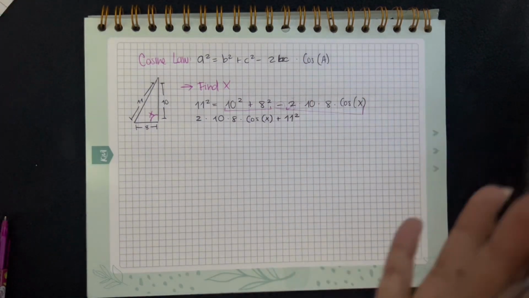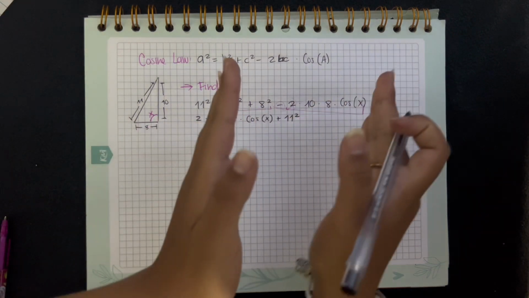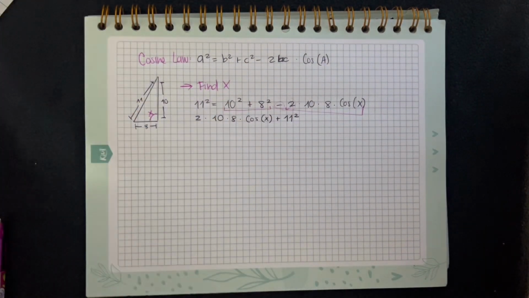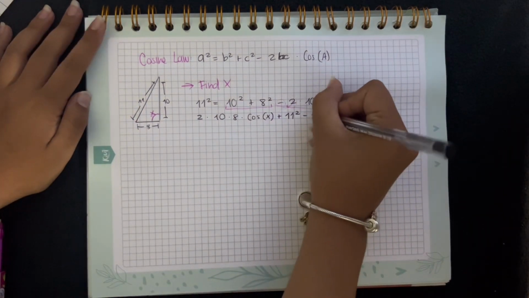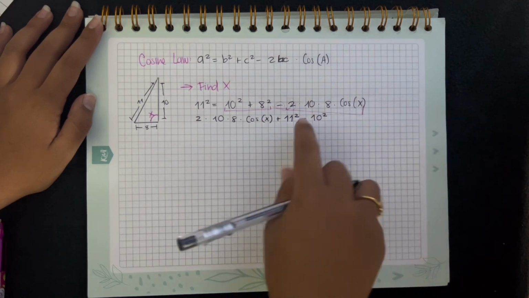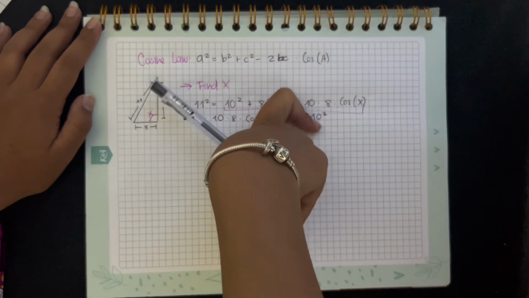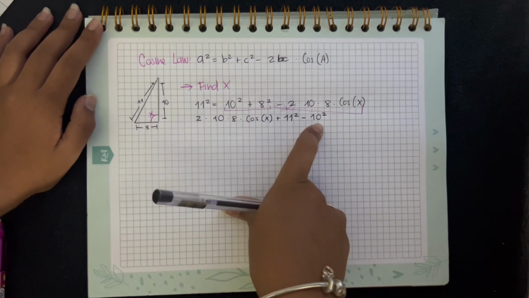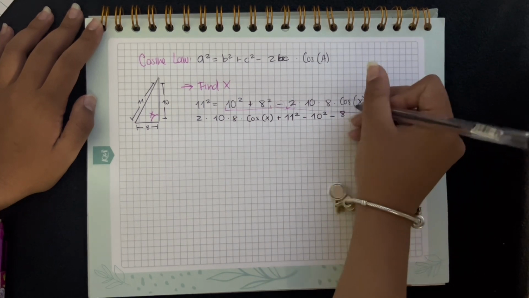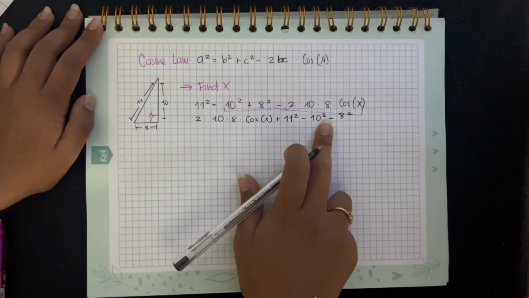And here it's really important that you guys notice that we are changing from this side to the other side. Here it is positive, it will be passing to negative, so minus 10 square, minus 8 squared, and remember here was positive, it passes to negative.